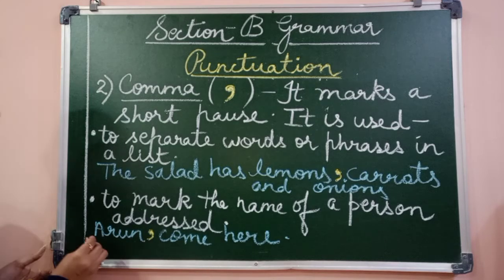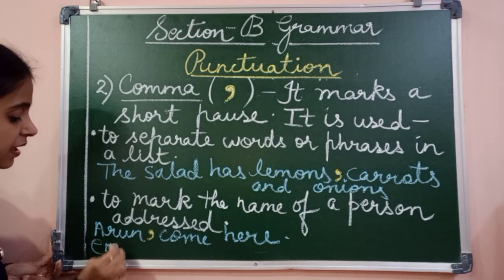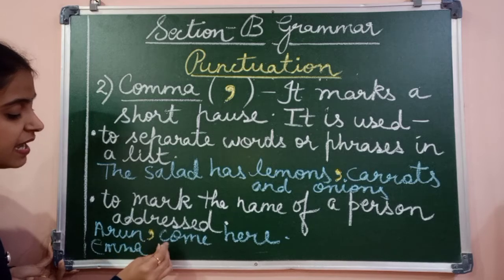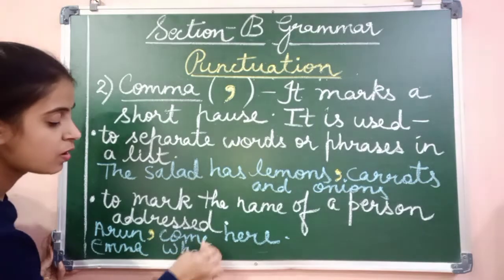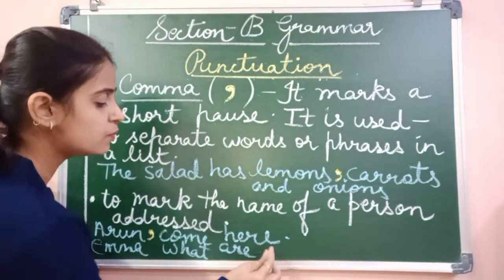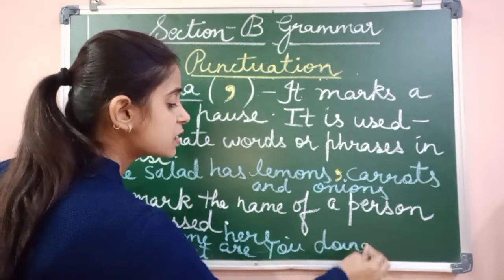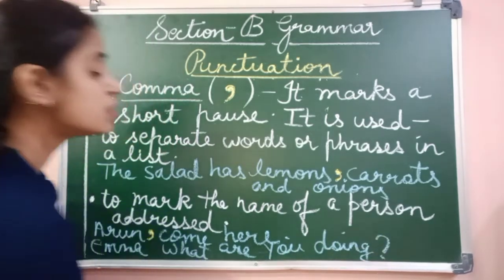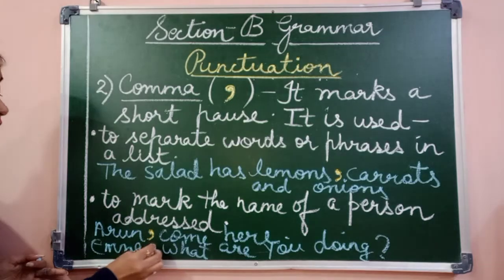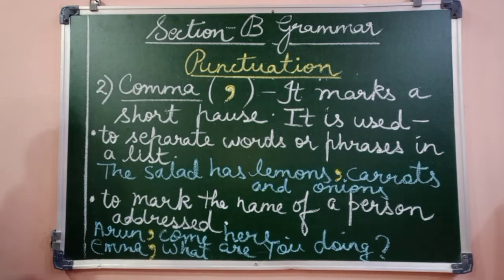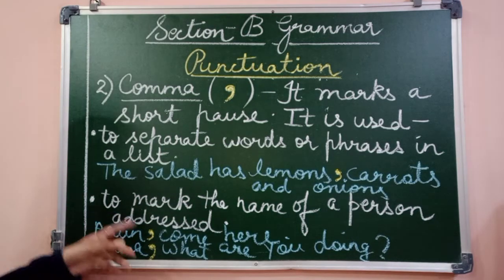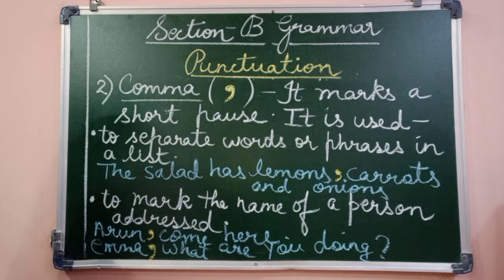I give you one more example. For suppose I write, Emma, what are you doing? Right. So we are addressing Emma. So after Emma, we will put a comma. We use comma when we mark the name of a person addressed. So after the name of that person, we use commas. Right.